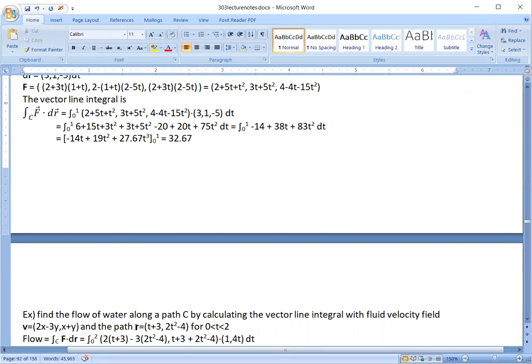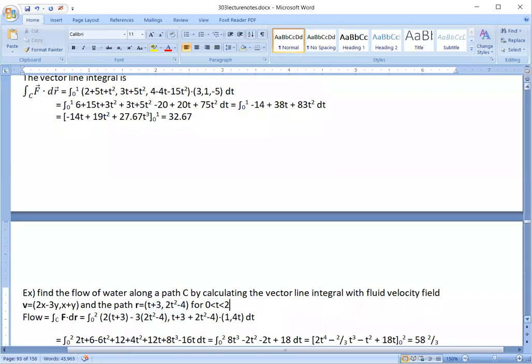That's just 2 times t plus 3 minus 3 times y, which is 2t squared minus 4, comma, finish up your parameterization for the vector field, dot dr. So what is dr? dr is just x prime, comma, y prime. Looking at your r, x prime is just 1, and then y prime is just 4t. And then all of that dt. And there is your vector line integral set up parametrically. And now you just can calculate it.